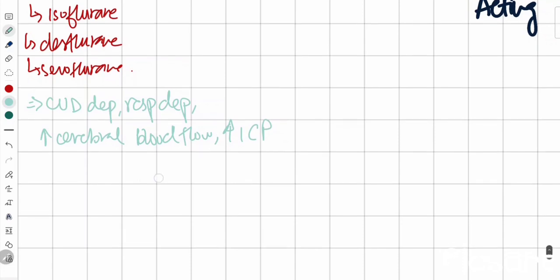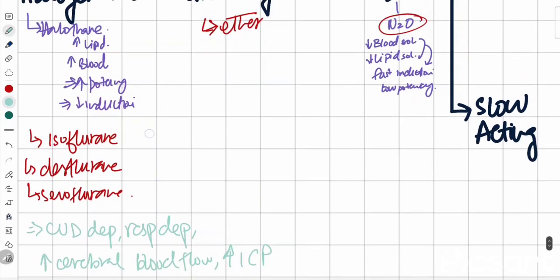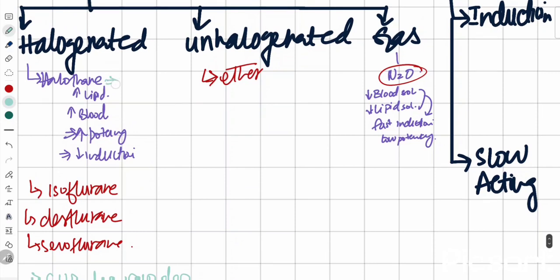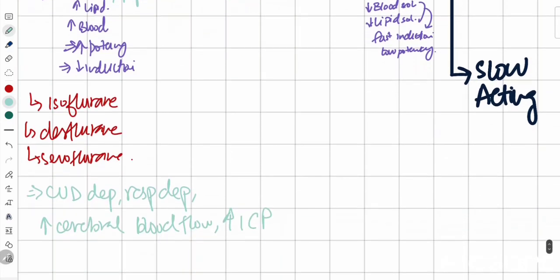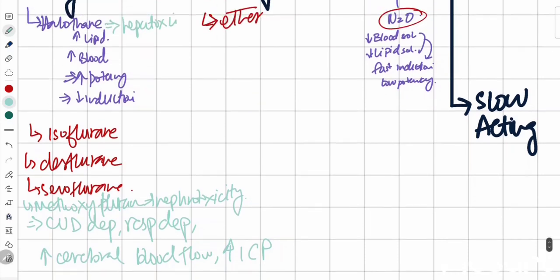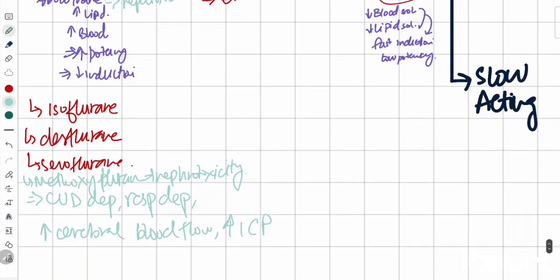Some of the important side effects: for example, for halothane, the big one is hepatotoxicity. For methoxyflurane, we have nephrotoxicity. And others, like enflurane, is epileptogenic, and so on.